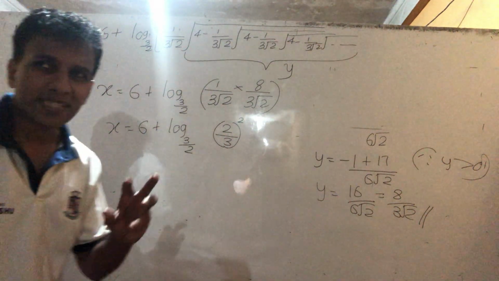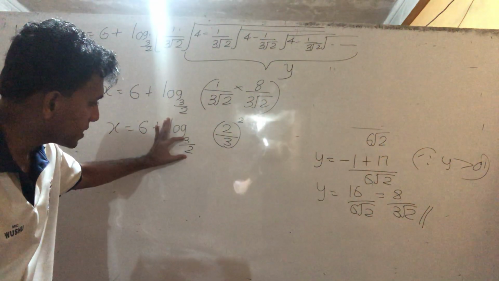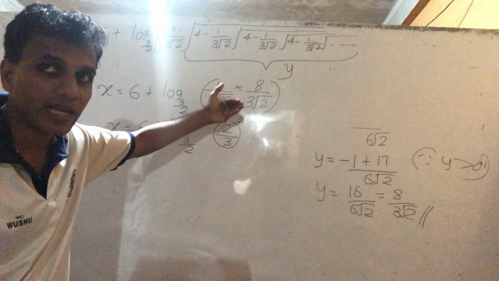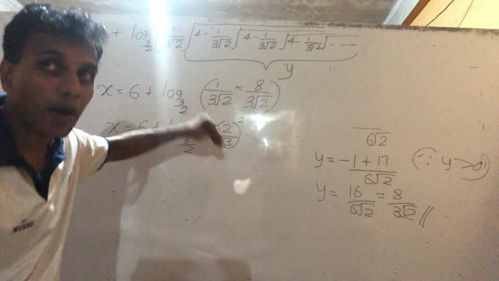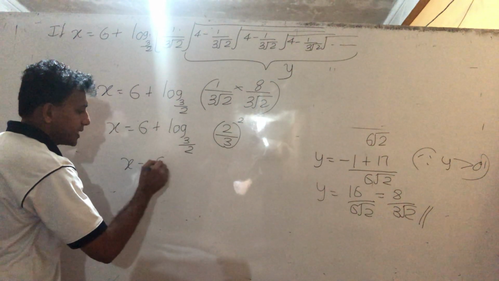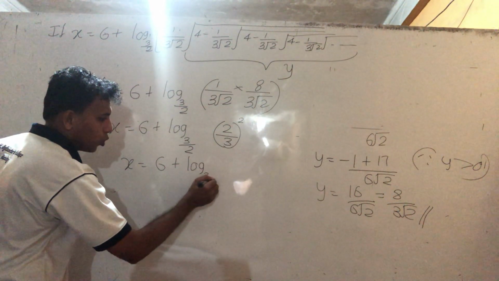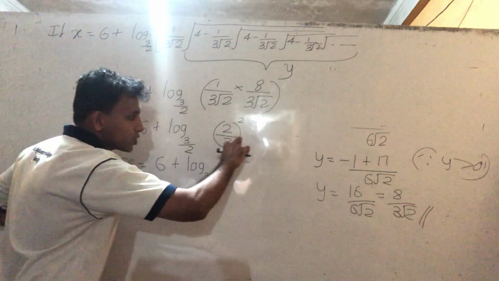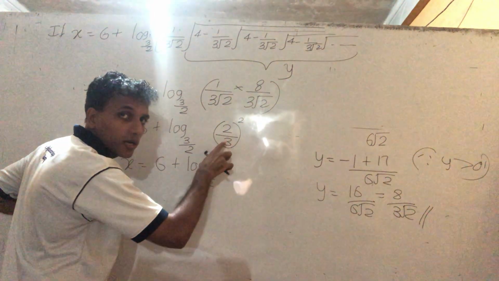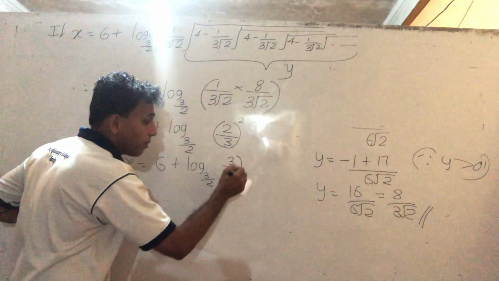But if you know very clearly some basic identities and rules of logarithm: what is the base? The same comes here. The power is the answer. Both come the same. Therefore, x equals 6 plus logarithm base 3 over 2. Make this also 3 over 2, negative index, 3 over 2 but not squared, minus 2.